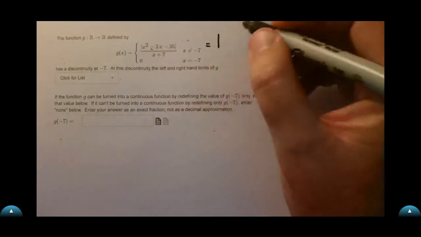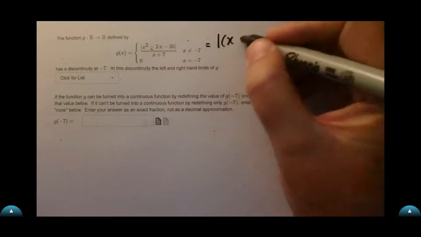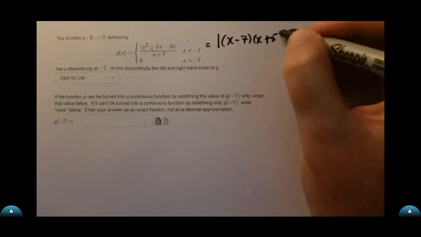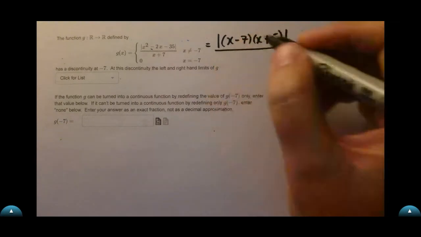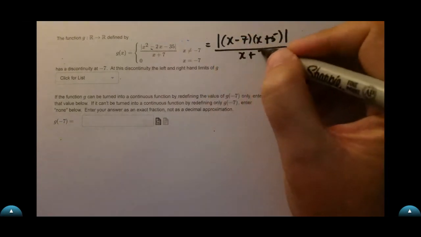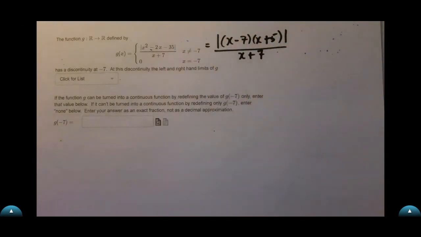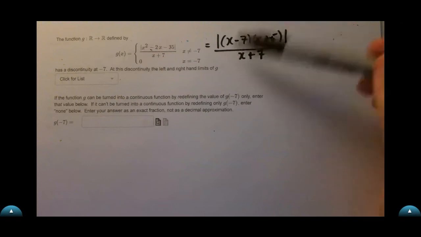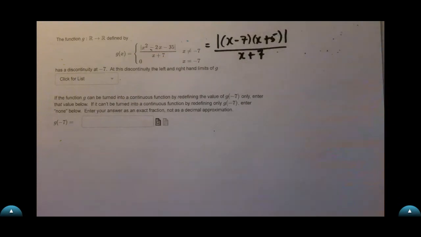It's going to be something like x minus 7, x plus 5 over x plus 7. But you can't actually factorize here.